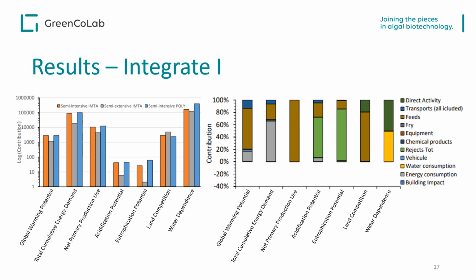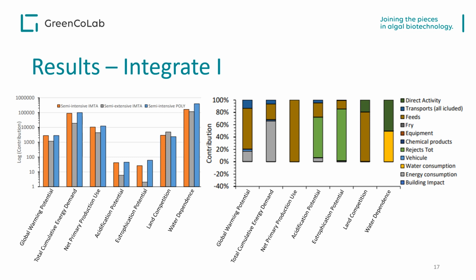So for you to be able to understand how we present this analysis, I chose two results from the Integrate one project. The project chose 7 impact categories, including global warming, eutrophication potential, and water dependence.